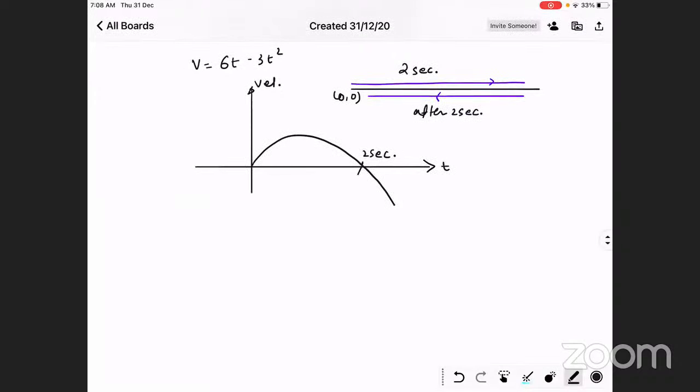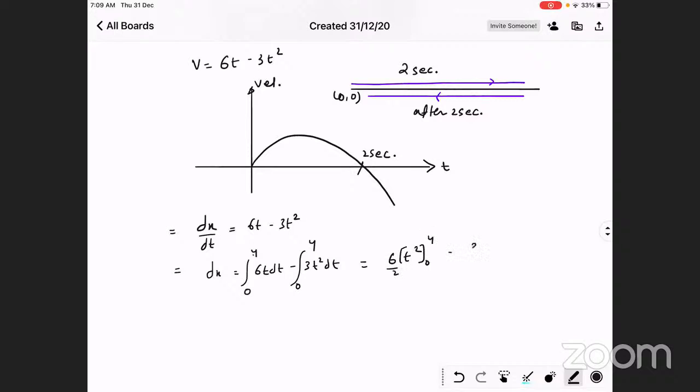Okay, I'll do it. In place of v, write dx by dt is equal to 60 minus 3t square. Transfer dt to the other side like this and integrate from 0 to 4. Let's see what we'll get. 60 outside t square by 2, 0 to 4, minus 3 outside t cube by 3, 0 to 4.